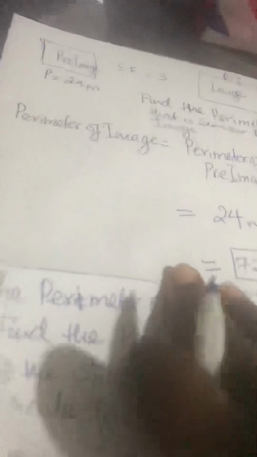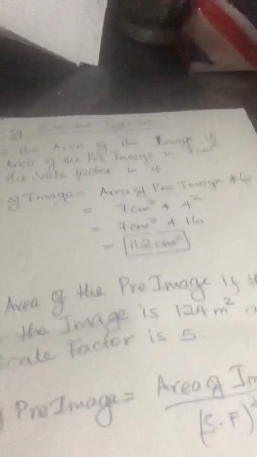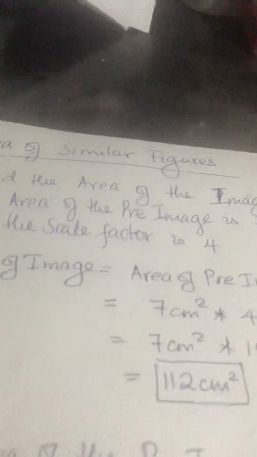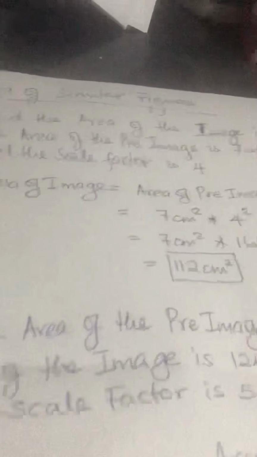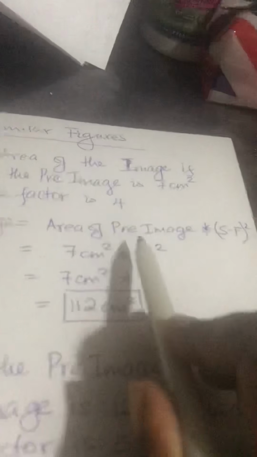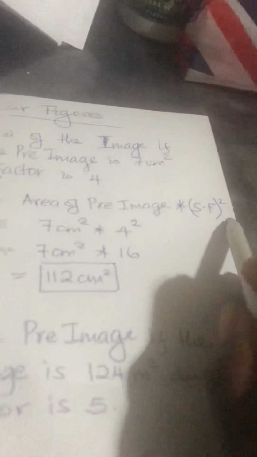Now let us do area. Area of similar figures: find the area of the image if the area of the pre-image is 7 centimeters squared and the scale factor is 4. So we write our formula: area of image equals area of pre-image times scale factor squared.